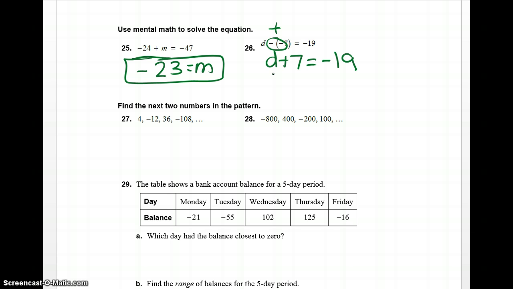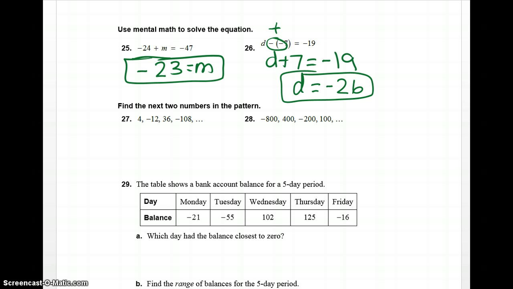It needs to be a larger negative number. So what number could I add a positive 7 to, so it becomes less positive by 7, to equal negative 19? In this case, d is going to equal negative 26. I would plug that in, make sure a negative 26 plus a positive 7 is a negative 19, and in this case it is.